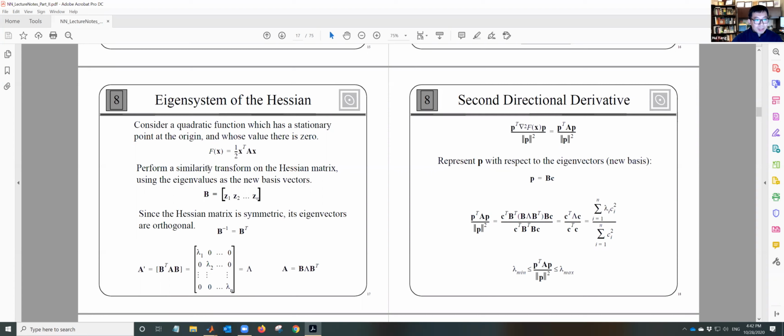And then perform a similarity transform on the Hessian matrix using the eigenvalues and the new basis vectors. Those are all the eigenvectors. And since the Hessian matrix is symmetric, its eigenvectors are orthogonal to each other. So B inverse equals B transpose. Okay, this is a nice property. Its eigenvectors are orthogonal to each other.